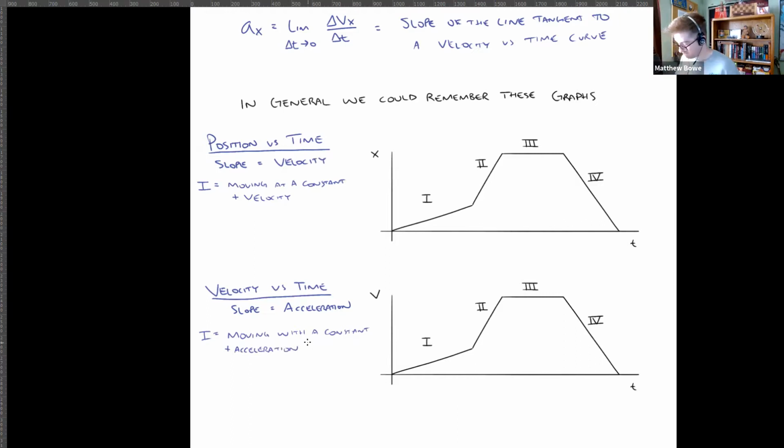We have to remember that this is still a graph where one of the axes is itself some movement.